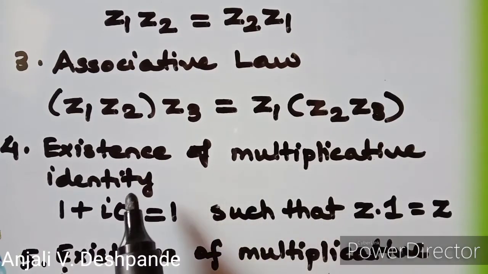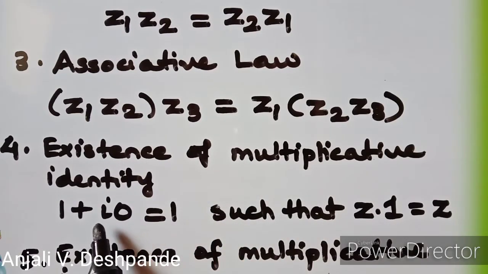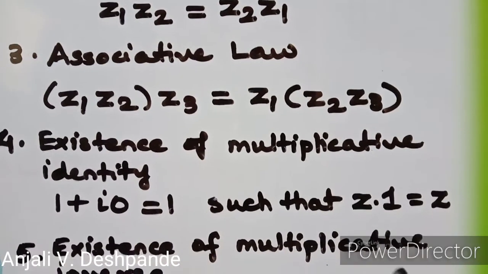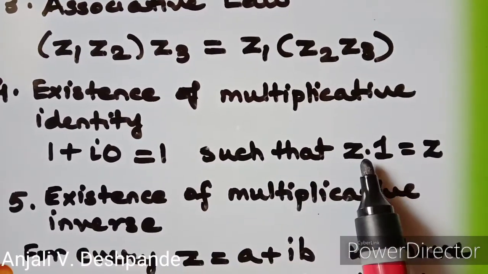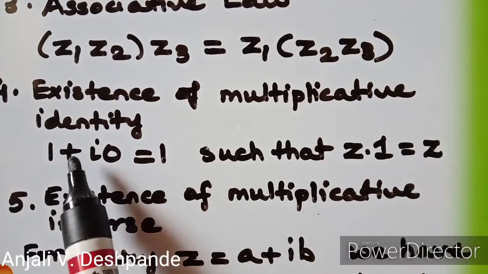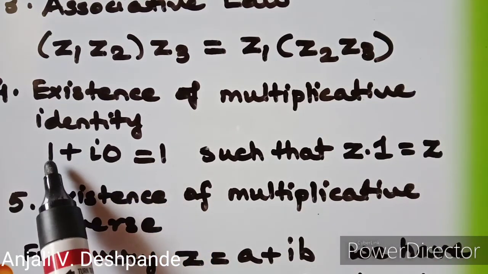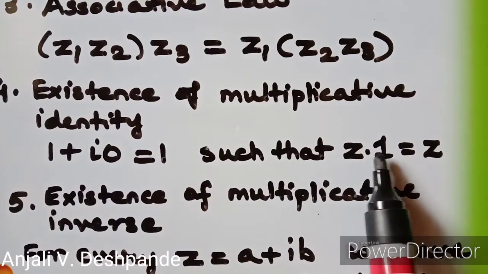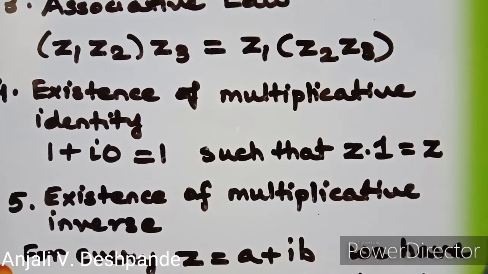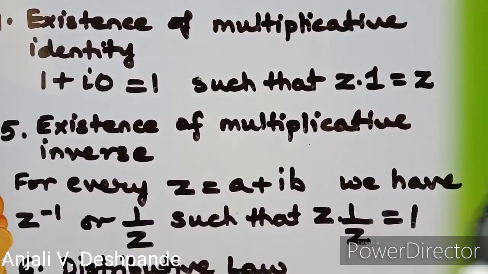Existence of multiplicative identity: 1 plus i0 is equal to 1, such that z into 1 is equal to z. That means we have a complex number 1 plus i0 equal to 1, such that if you multiply it with z, it again gives you the same complex number z.